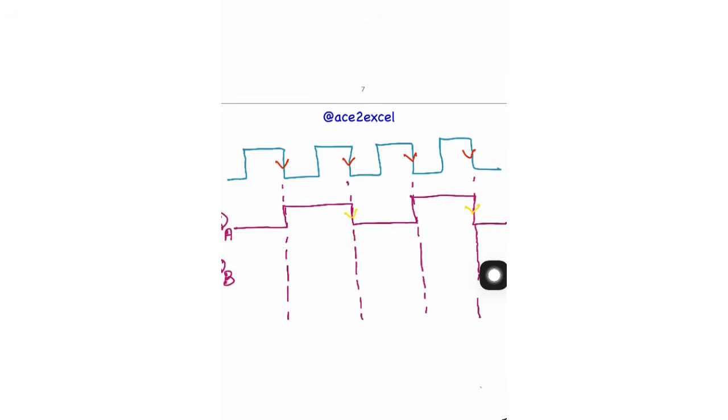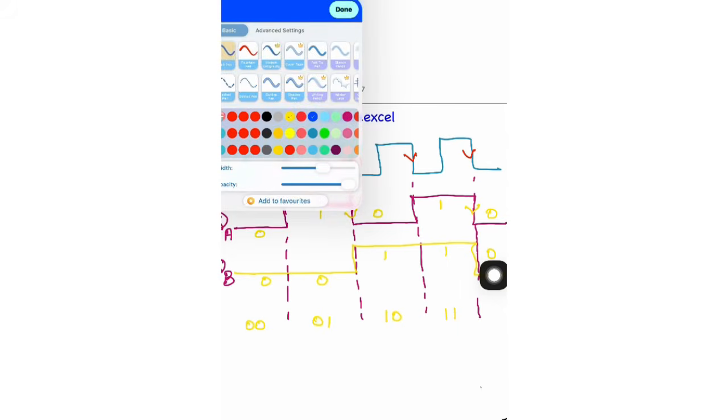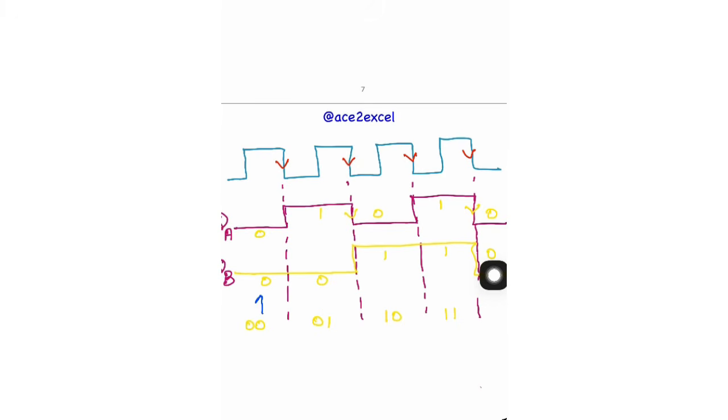Let us see how QB works. This is the timing pulse of QB. If you observe, the value is 00, 01, 10, 11 and again it is 00. So counting comes as 00, 01, 10, 11, and do note QA is LSB, QB is MSB, and counting is done in this sequence, and this is how we have made mod 4 asynchronous up counter.